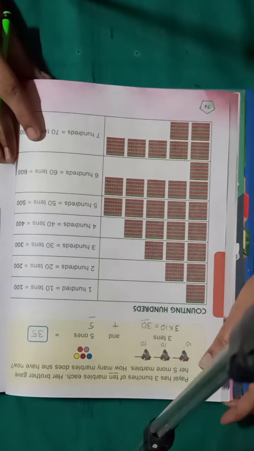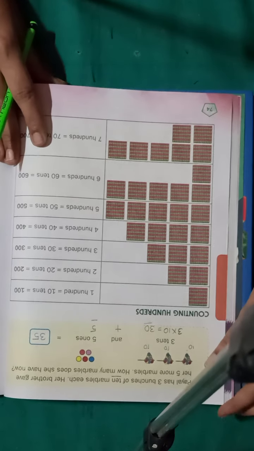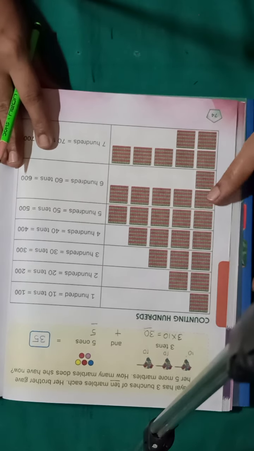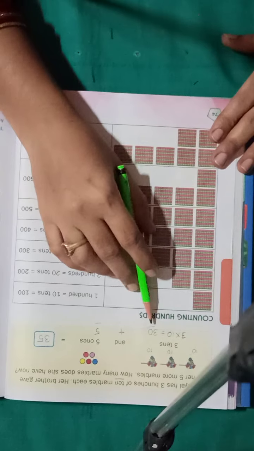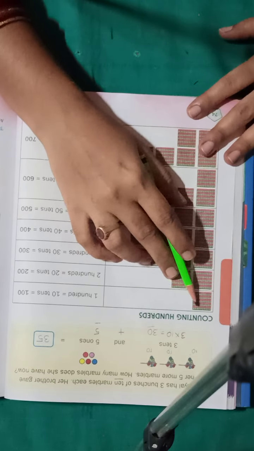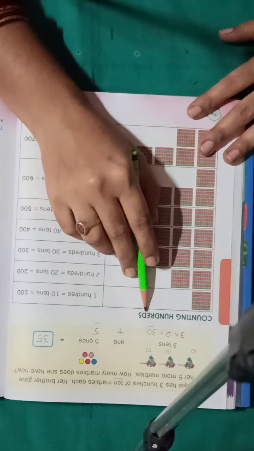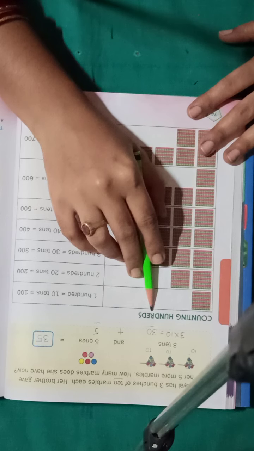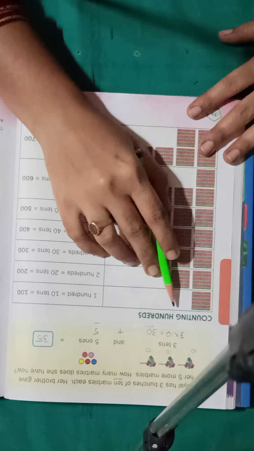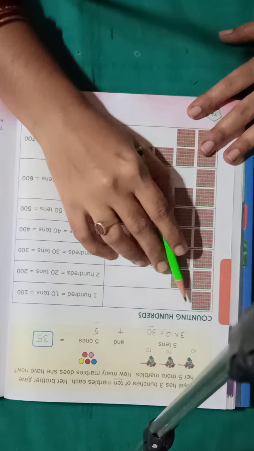Okay, next. Here one box is given, on the downside of the problem. What is that? That is counting hundreds. What is the meaning of counting hundreds? It means count it.